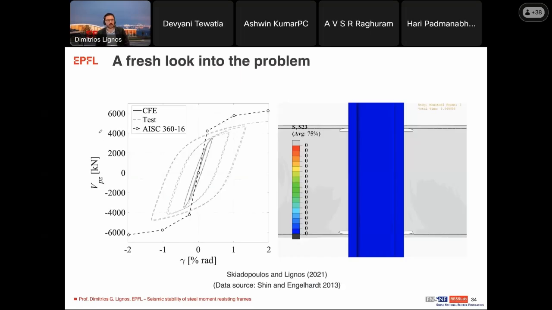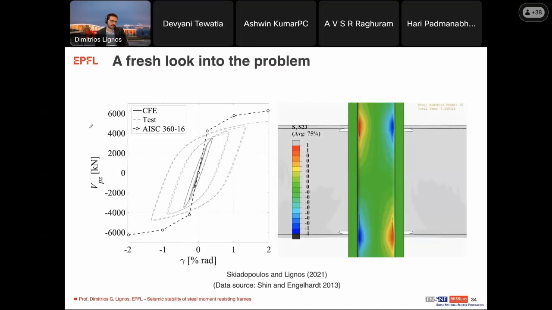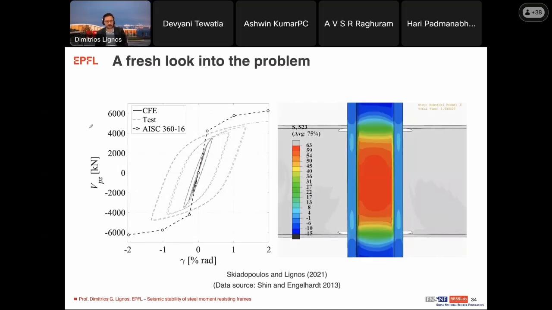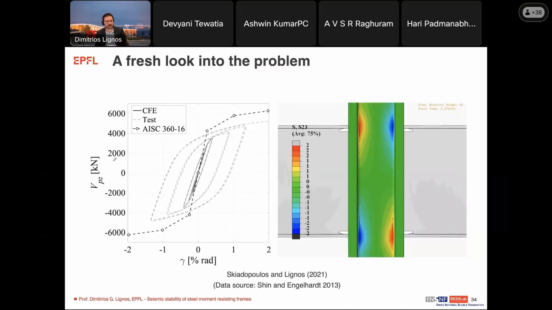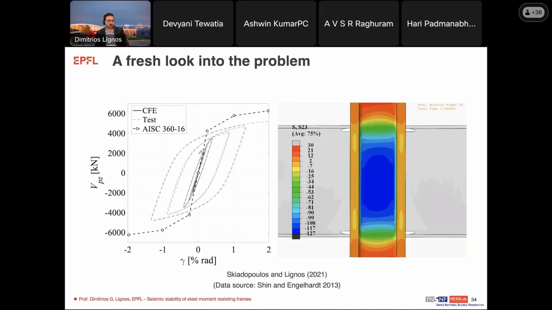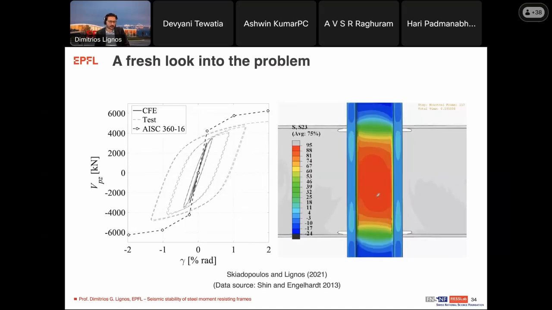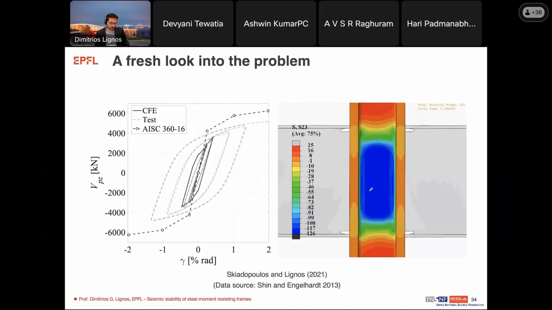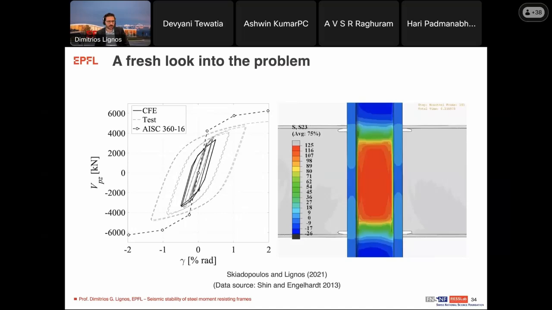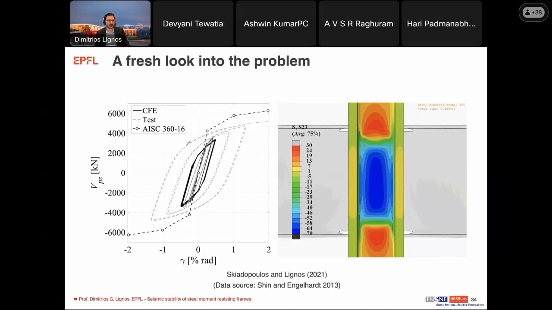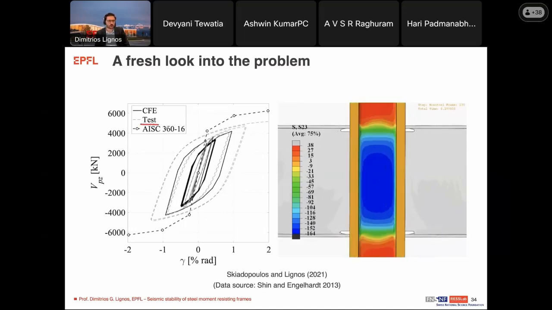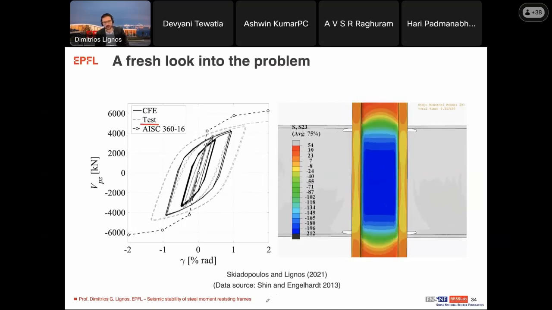So we had a fresh look at the problem, again leveraging finite element analysis with some standardized models that we have. Here you see one of the tests from those collected, where the model that we have is able to replicate well the inelastic behavior of the panel zone as measured for one of the tests in the literature.